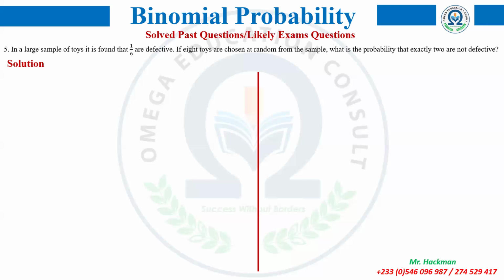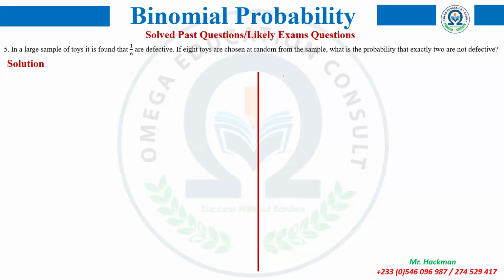So something out of something. You don't see direct probability here, but indirectly you are giving the probability of your toy being defective. So indirectly we have P(defective). Is that clear?